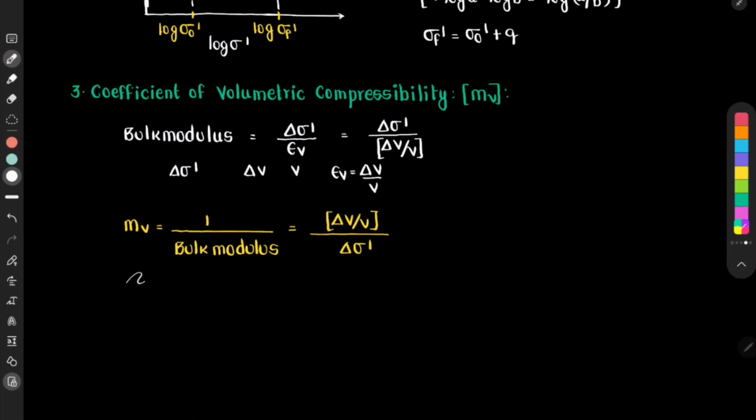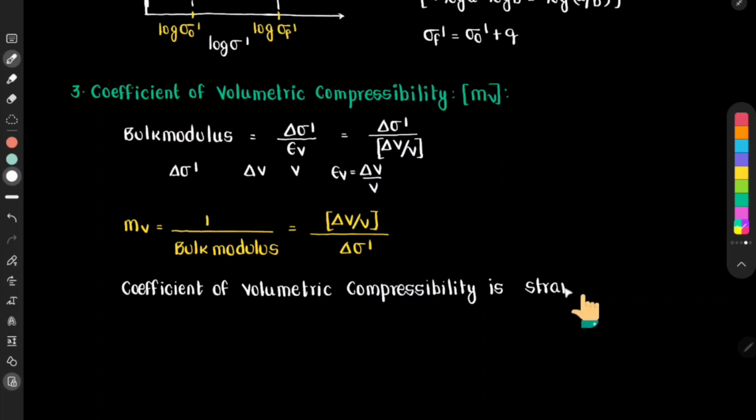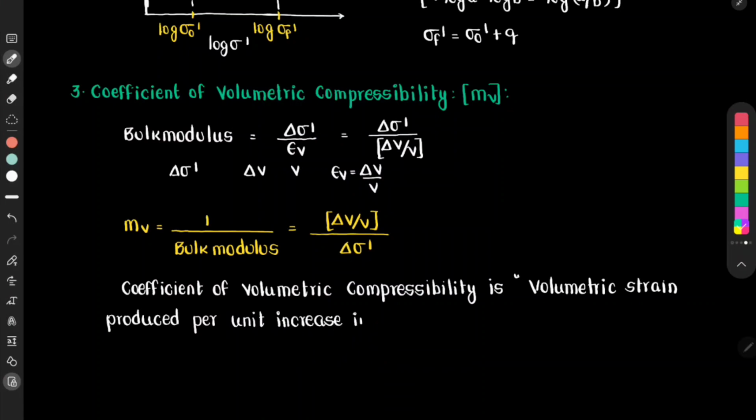So coefficient of volumetric compressibility is the volumetric strain produced per unit increase in effective stress of soil.